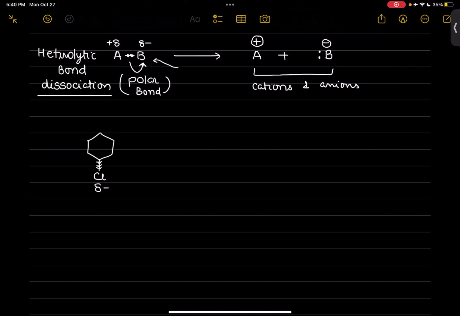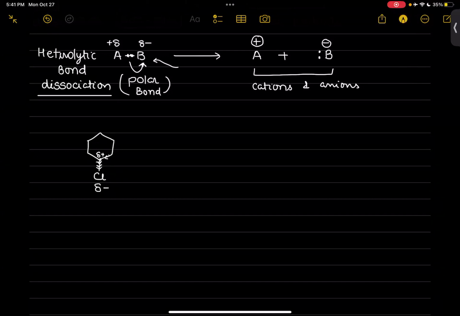But if the chlorine is pulling the electrons, who is giving the electrons? Is there anyone who is letting its electron be taken by chlorine? It is the carbon. So this carbon will acquire delta positive charge, right? Because it is the one connected to chlorine.